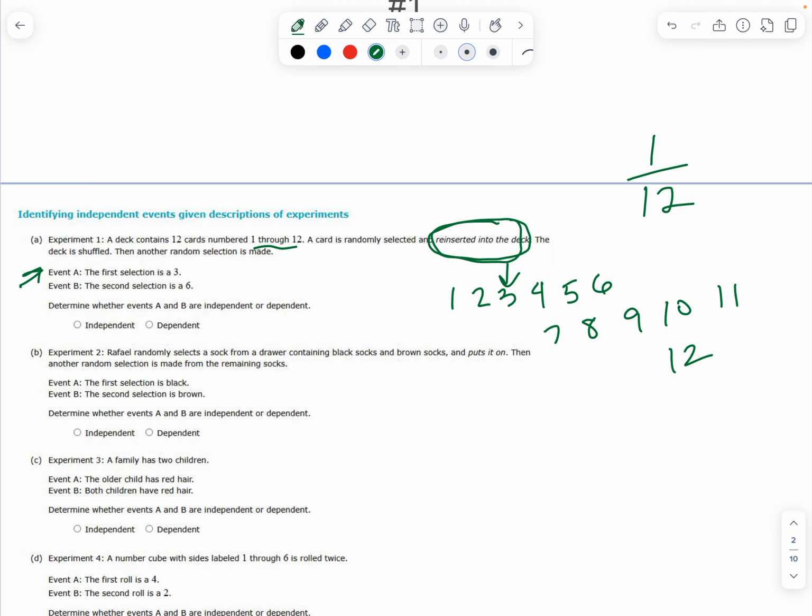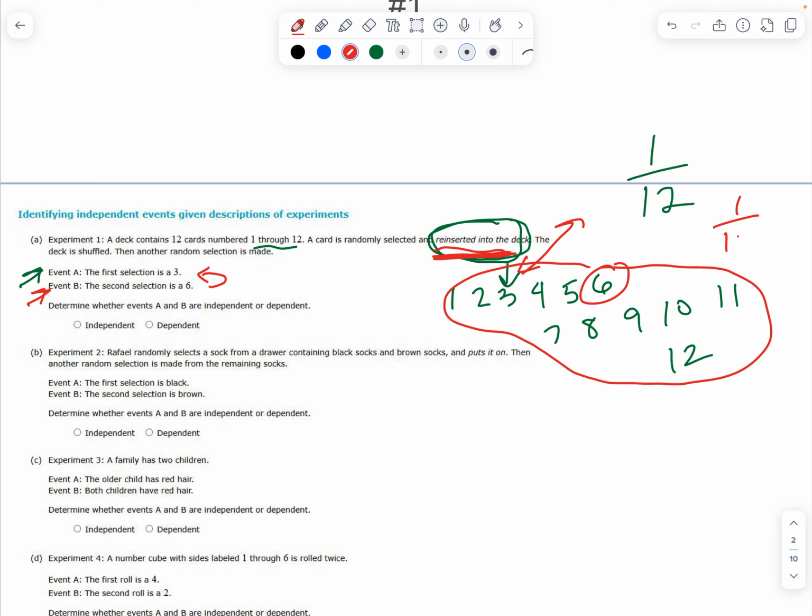Now the second event, we want to determine if that event is dependent on this first event or if they are independent of each other. And your key to knowing whether they're independent or dependent is the reinserted part. So if this 3 was taken out, but then it was put back in, you are going to start again with all 12 cards, and the chances of getting a 6 at this point is 1 out of 12.